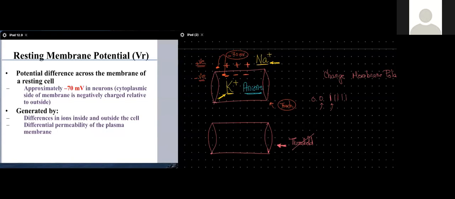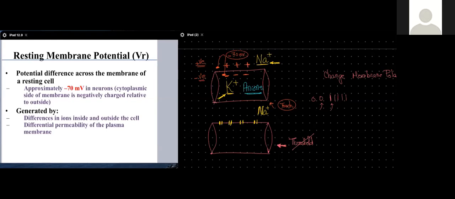So in response to any stimulation, how are your nerve cells going to be responding? They will start to open sodium channels. I open sodium channels. So what's going to happen? Where do I have more sodium, outside or inside of the cell?